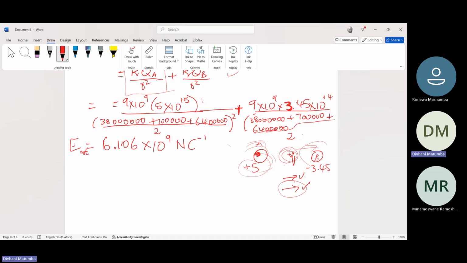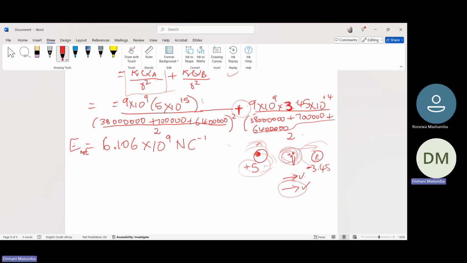So we have two contributions of electric fields. The reason why we added the two is because they are both going to the same direction. The other one is pushing your Q, the other one is pulling it. Because it has a negative sign, negative and positive, they will attract each other, so it will move to the right. So that's why I disregarded the sign and I just added the two electric fields.